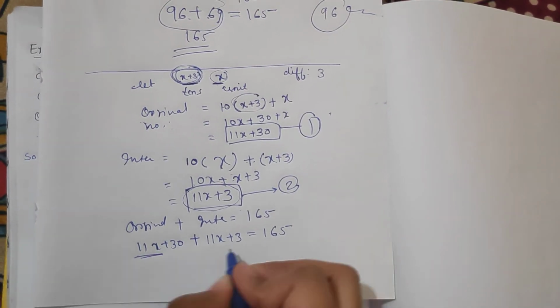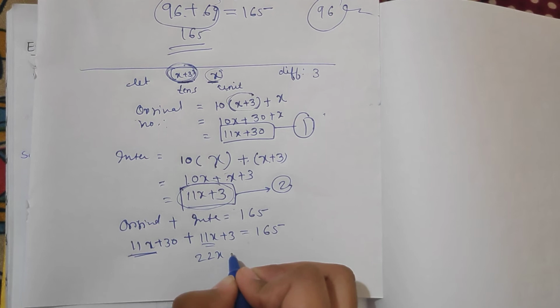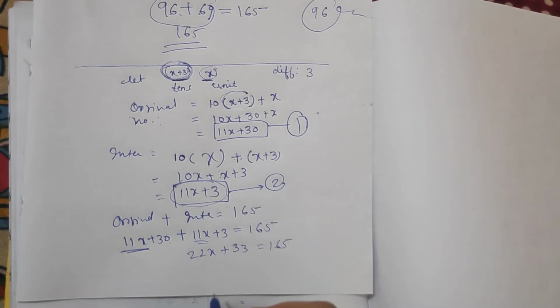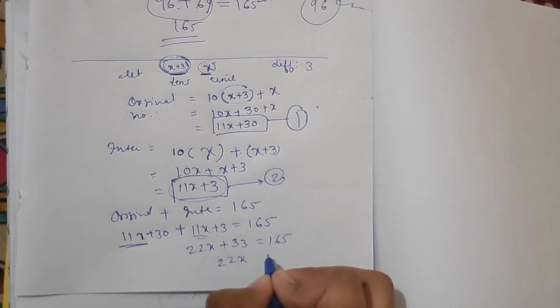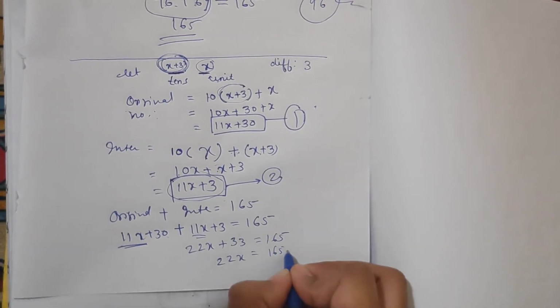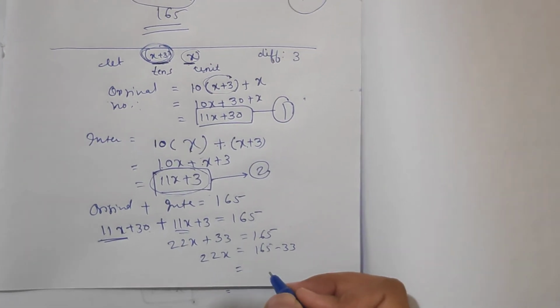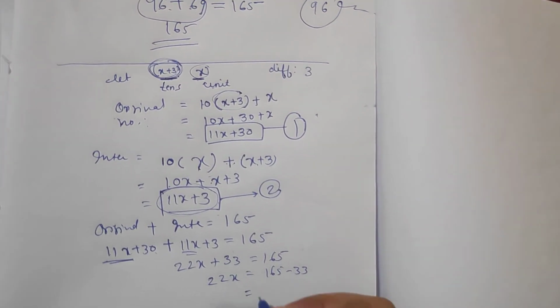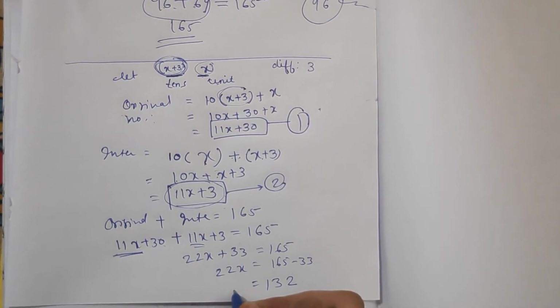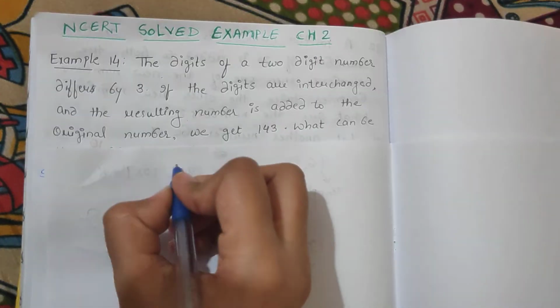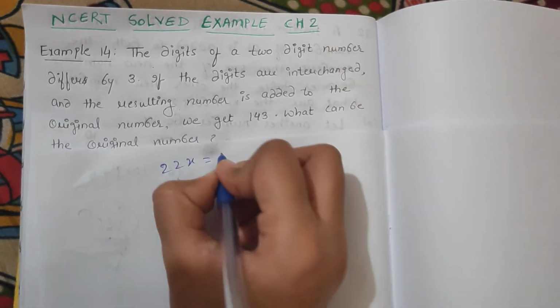So 11x plus 11x is 22x, plus 33 equals 165. So 22x equals 165 minus 33, that is 132. So 22x equals 132.